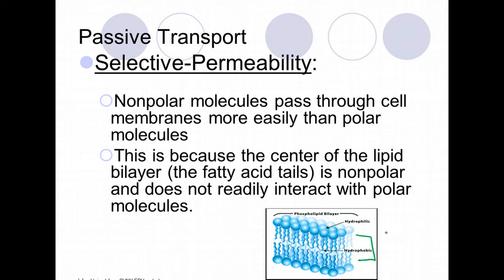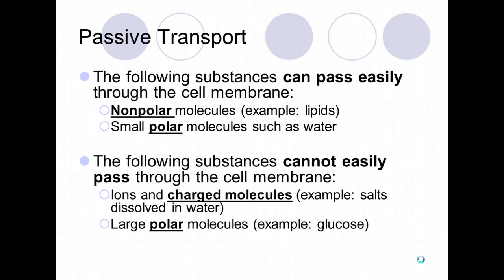The fatty acid tails, remember, hydrophobic means nonpolar and doesn't like water, which is a polar molecule. And so some things can pass directly through the membrane, so nonpolar things like fat, but some polar things can sometimes.